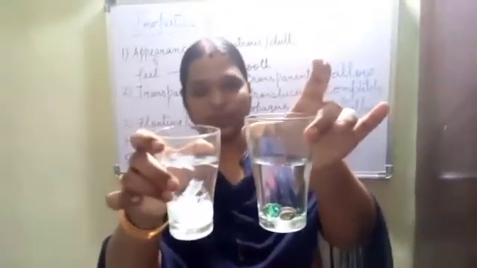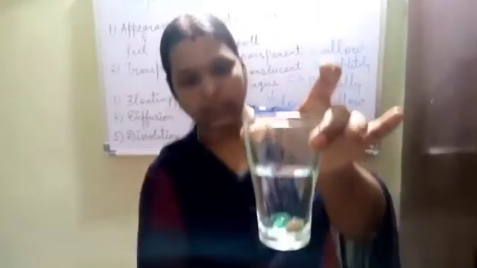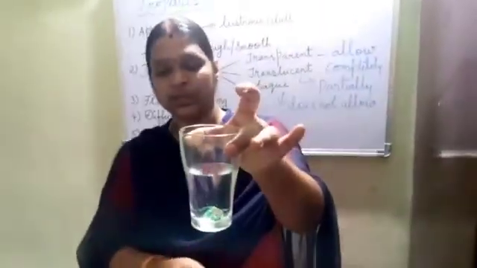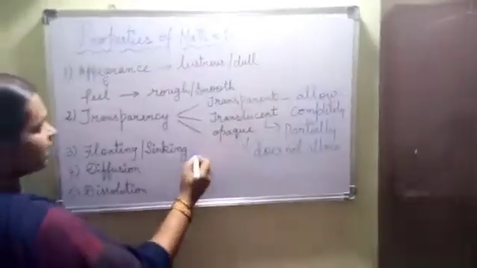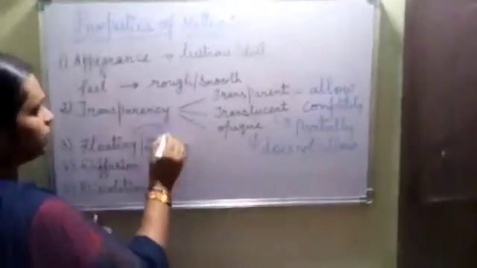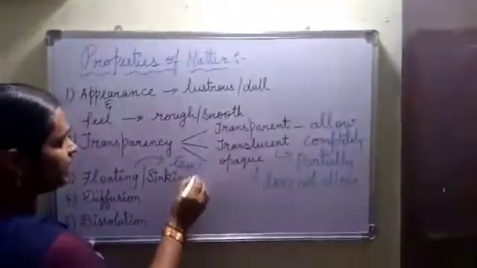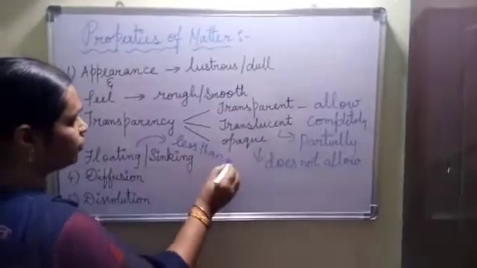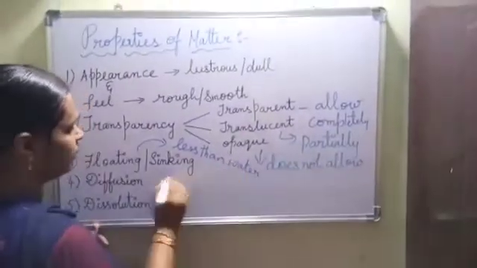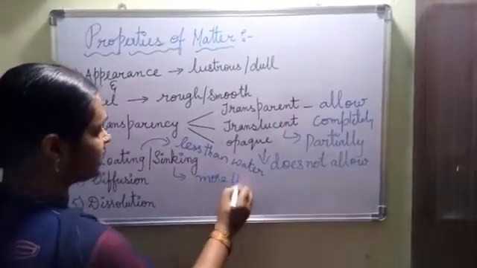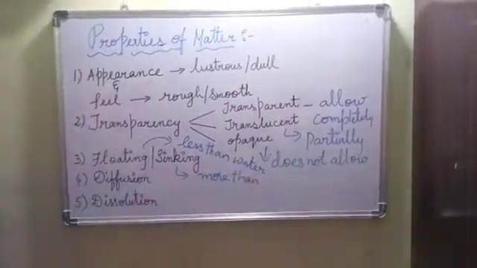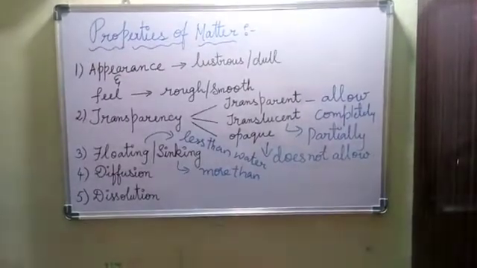So the paper pieces were floating on the surface of water, and the marble went inside. Those objects whose density or weight is less than water float on the surface of water, and those whose weight is more than water sink in the water. So this is about floating and sinking.